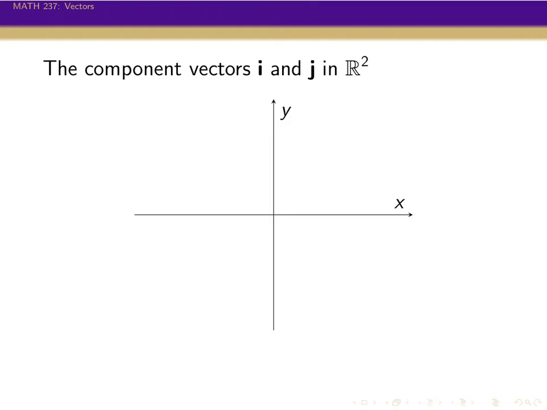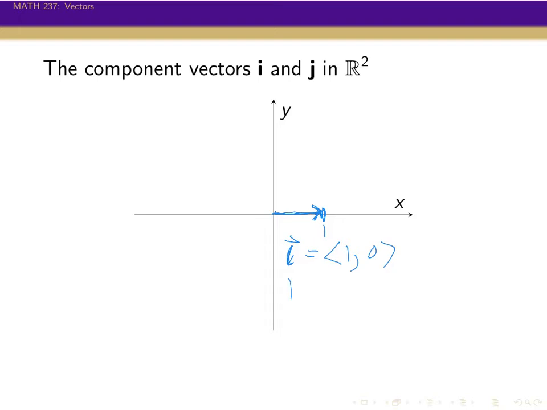Okay. And so there are 2 special unit vectors in R2. One is moving just in the positive x direction, so if we go out to 1 in the x direction, we're going to call this i, and i is a vector that is just 1 in the x direction, 0 in the y direction.